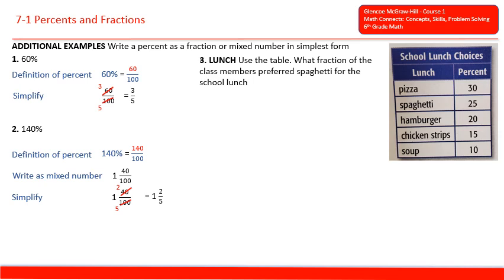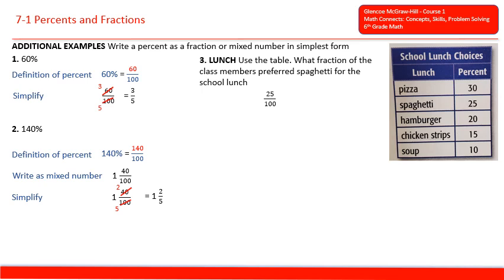Lunch, use the table. What fraction of the class members preferred spaghetti for the school lunch? So if we look at the table, 25 people preferred spaghetti. So it's 25 out of 100, because if you add all of the percents up, 30 plus 25 is 55, plus 20 is 75, plus 15 is 90, plus 10 is 100.